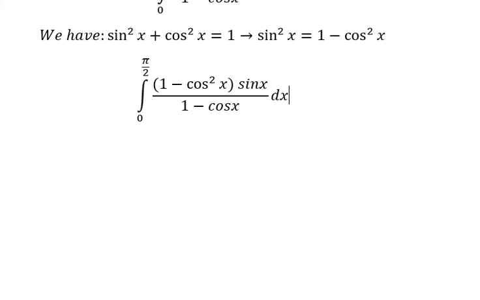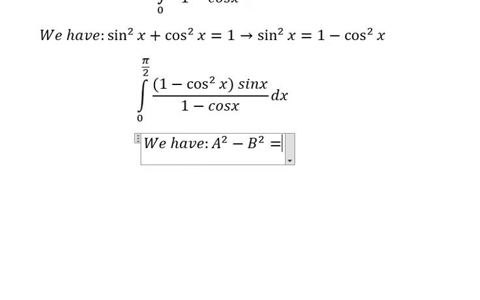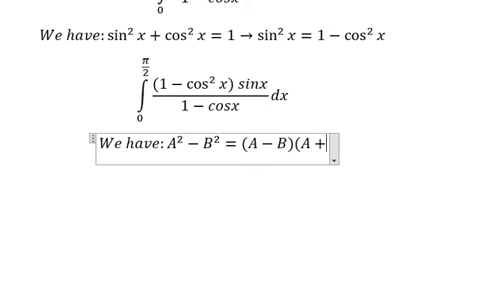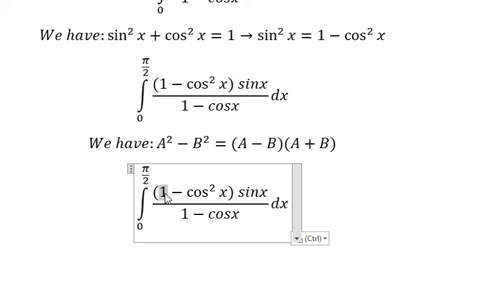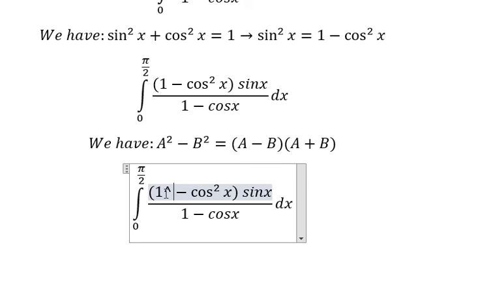Next, we apply a squared minus b squared equals a minus b multiplied by a plus b. So this one, we know that number 1 is 1 squared.